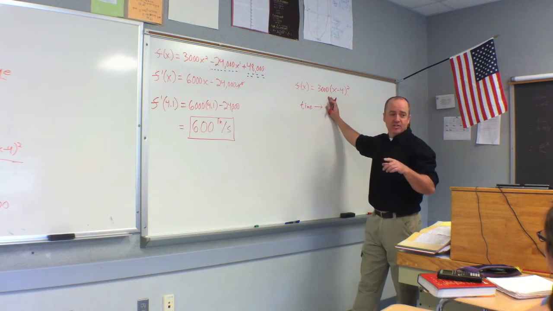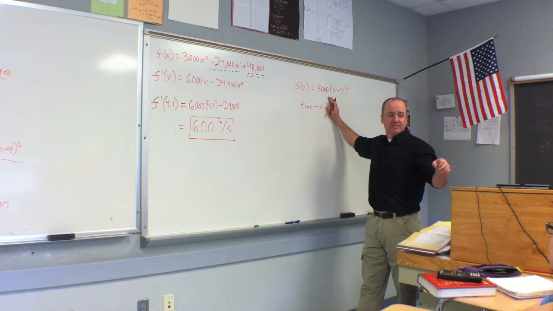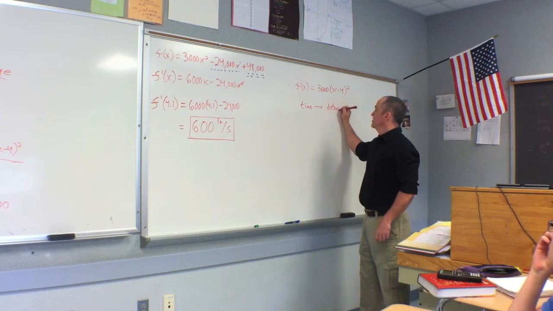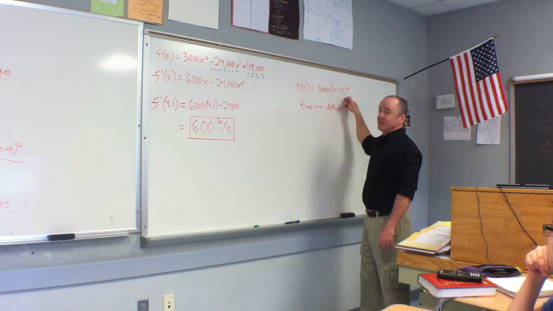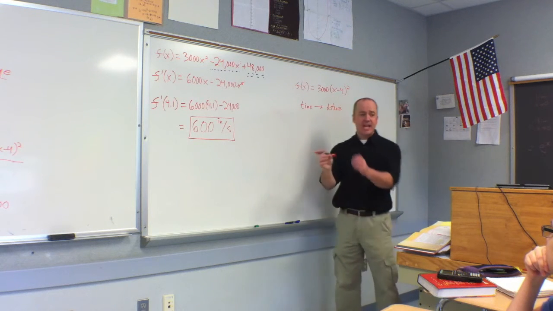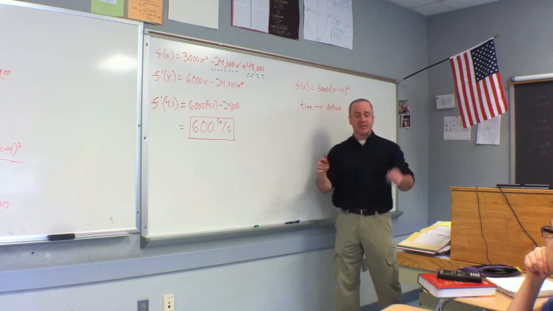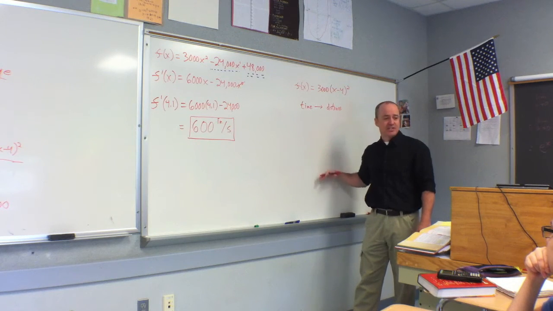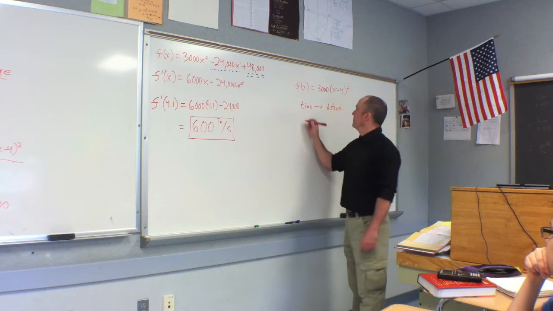Distance. Actually displacement, but yeah, we'll say distance. When I put t in, that told me how many inches my fist had gone. That's what that 24.6 was. Those were actual positions in inches we were finding there, okay?